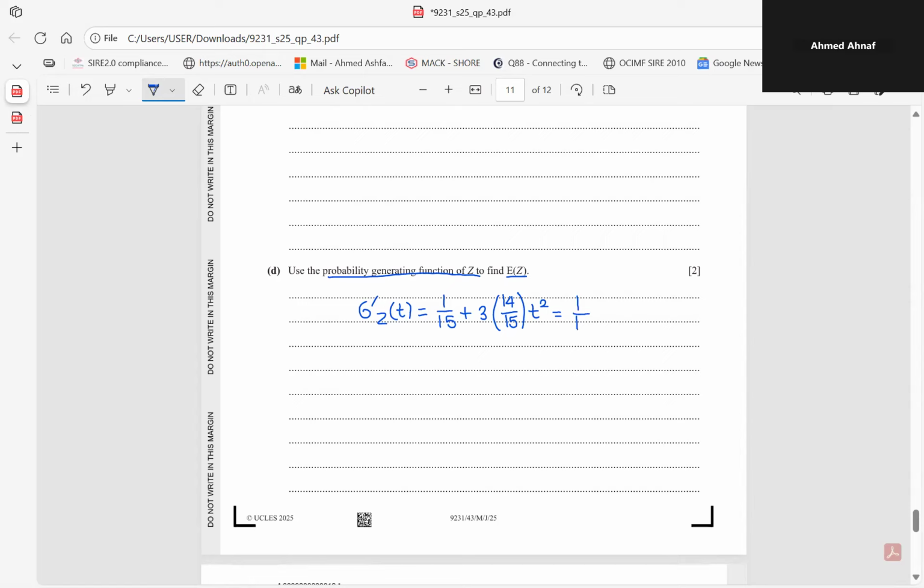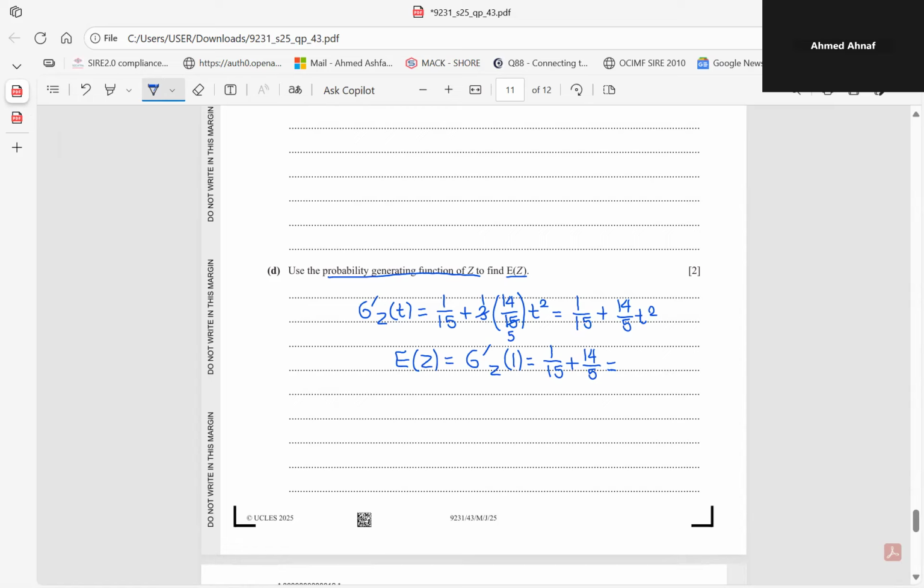So you get 1 over 15 plus 14 over 5 t squared. And E(Z) is just G prime Z at 1. So just sub t equals 1, you get 1 over 15 plus 14 over 5 times 1 squared.